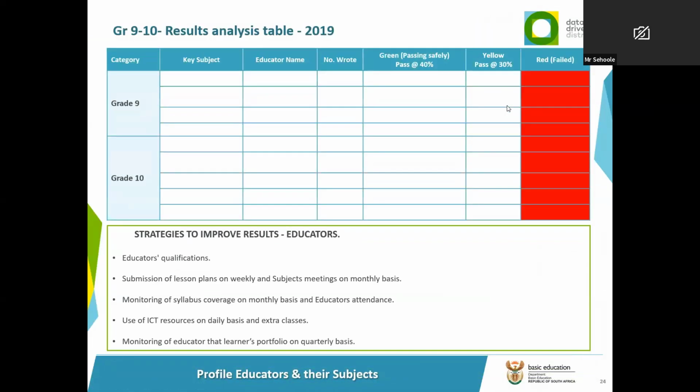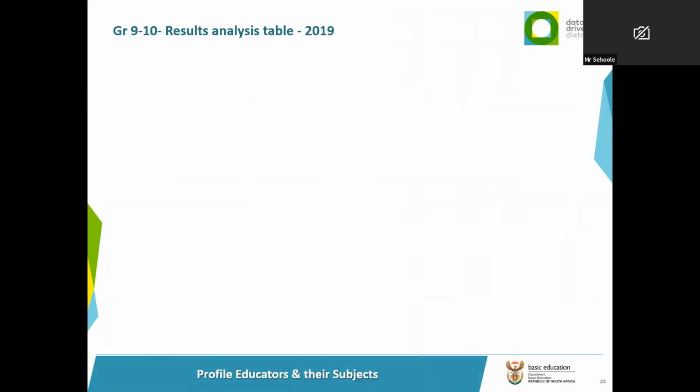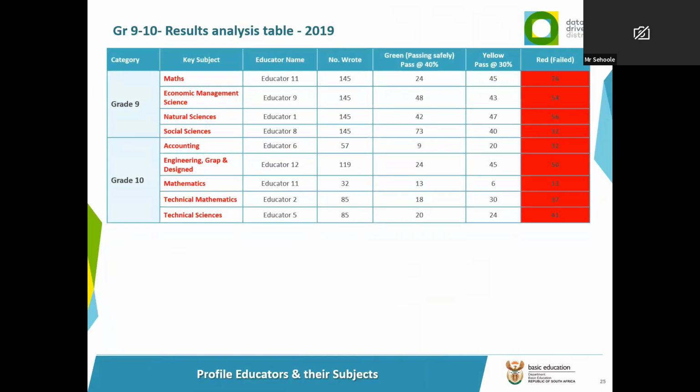And like I did with the learners, I developed the following template: to identify the key subject, the educator, and the number of learners who wrote, and then check it against the pass requirement of 40% and 30%, and those who failed. And this is what I've just come up with. The key subjects are the following: mathematics, economic management sciences, natural science, and social science.